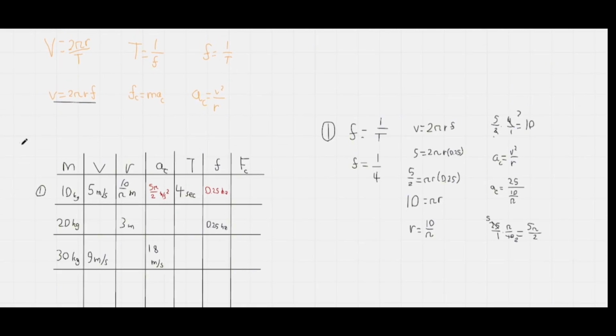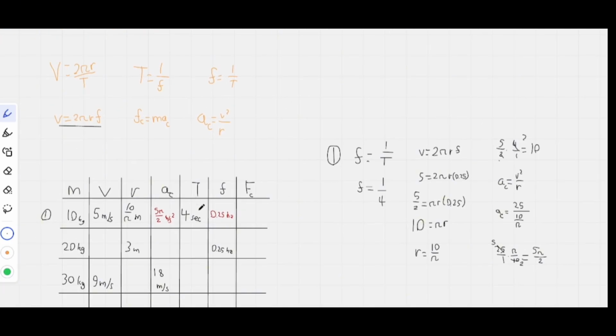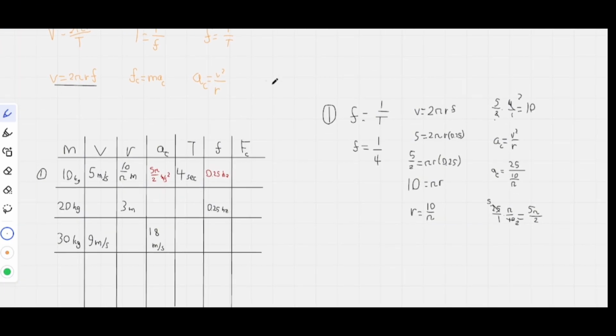And now finally we can move on to our force. Now that is probably going to be the easiest one, as we have both of the variables already that we need to find. So FC, just write it here, equals M, which is 10, times our AC, which is 5 pi over 2.